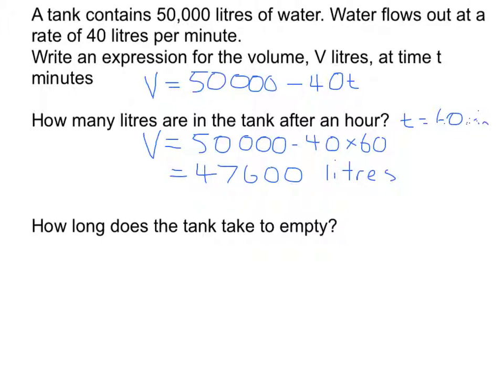And for the third one, how long does it take for the tank to empty? This will be looking for when V equals 0. So again, we'll substitute V equals 0 into our equation. So we have 0 equals 50,000 take away 40T. What I'm going to do is add 40T to both sides here.